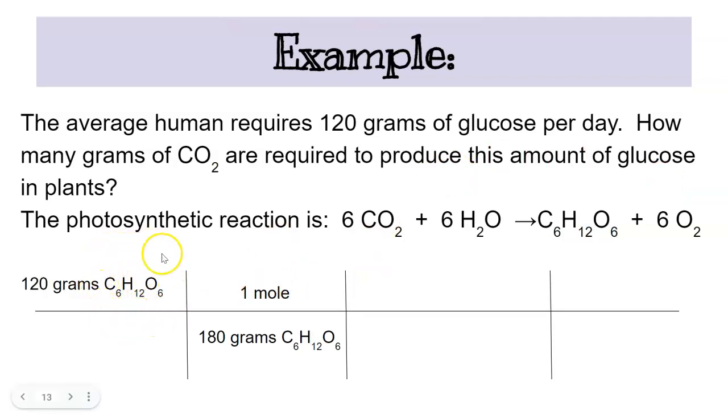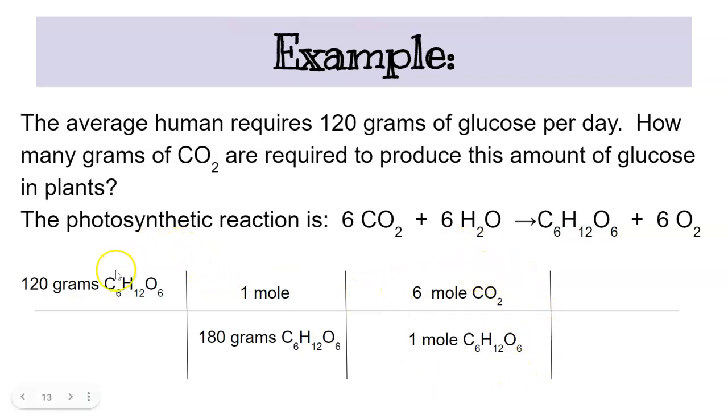So if we're going to eliminate our moles of glucose, the glucose ratio should be on the bottom, so the coefficient of glucose should be on the bottom, and then our coefficient of carbon dioxide will be on the top. So there are 6 moles of CO2 for every 1 mole of glucose. Okay, so there's our mole ratio.